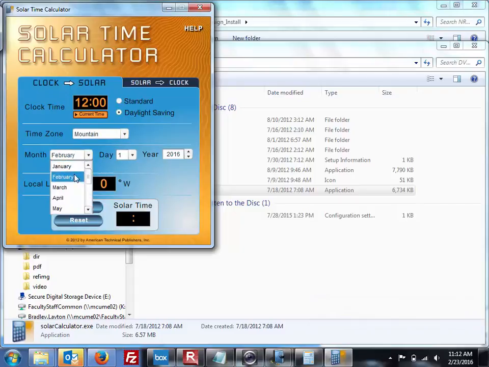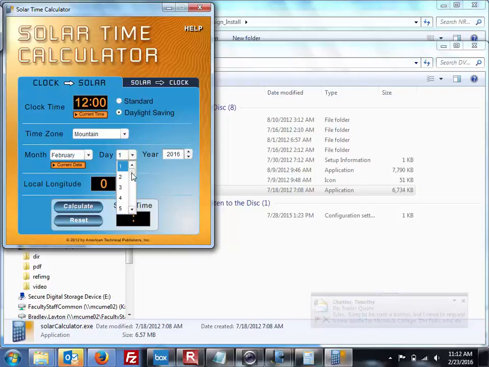Let's just do today, February 23rd, 2016. What is the local longitude here again? 110 or something? Was it 114? Yeah, 114.